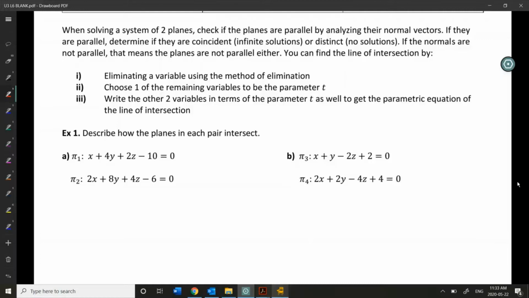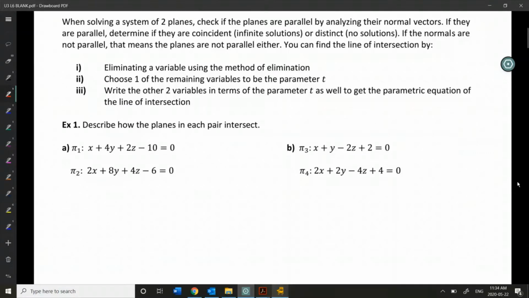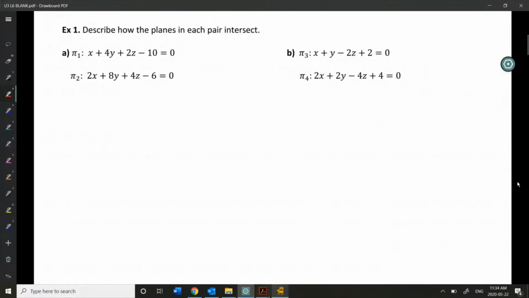We do this by eliminating one variable using elimination, then we choose one of the remaining variables to equal the parameter t and write the other 2 variables in terms of t, and that will allow us to get the parametric equation of a line. We're going to look at a couple of different examples to go through those situations.